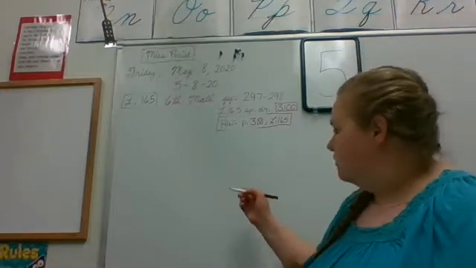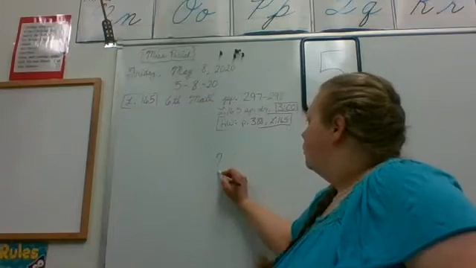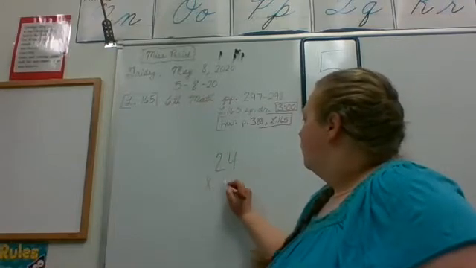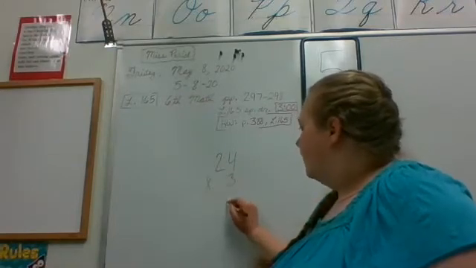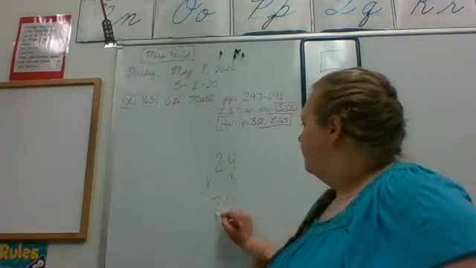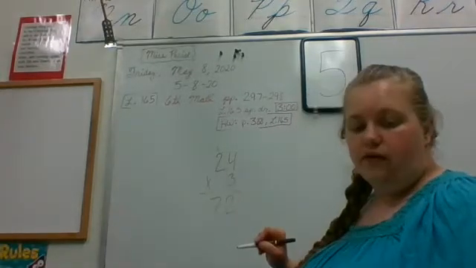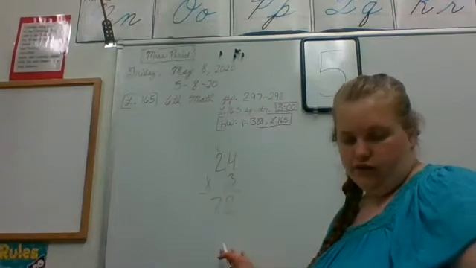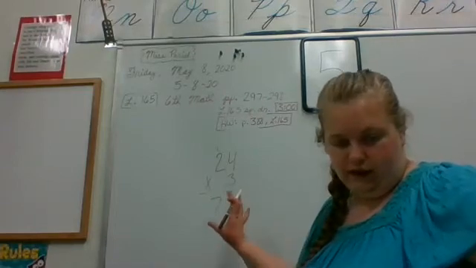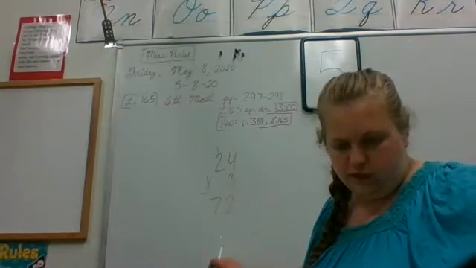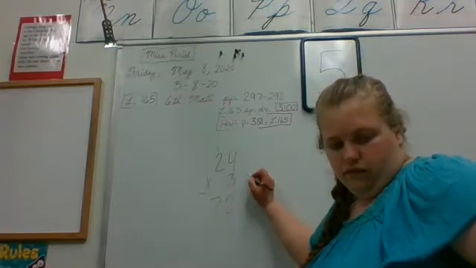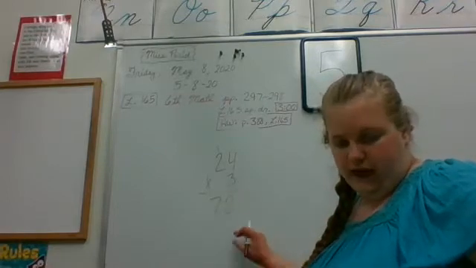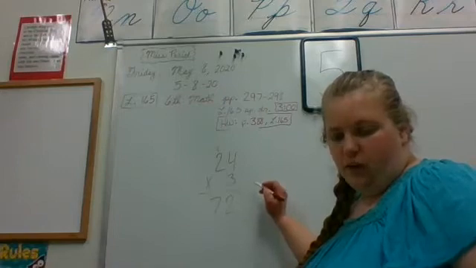So how many hours is 1 day? 24. We're going to multiply by 3. 12 carry the 1, 72. So 72 hours is for 3 days, and then 75 watt light bulbs.